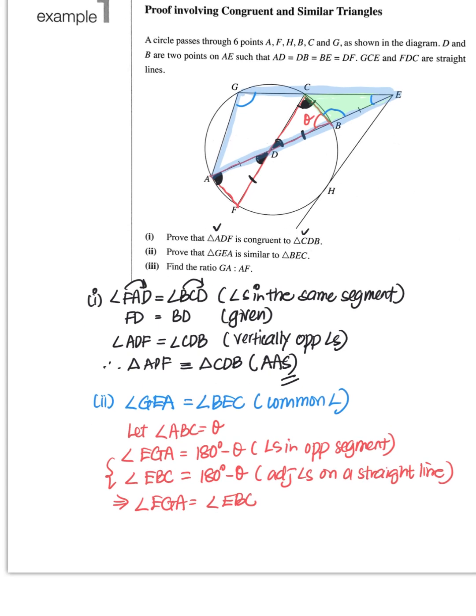So you have two angles, so therefore triangle GEA is similar to triangle BEC, right? AA similarity.